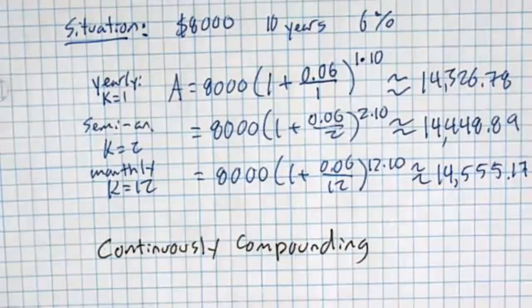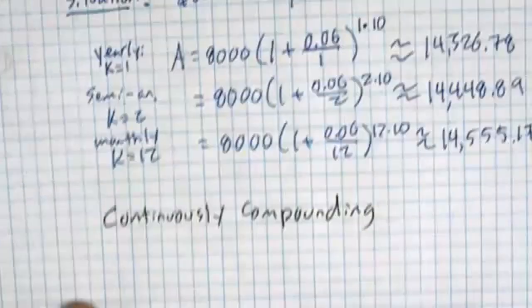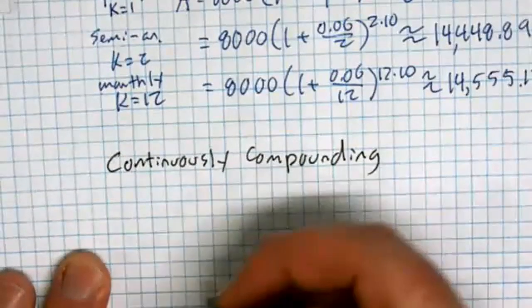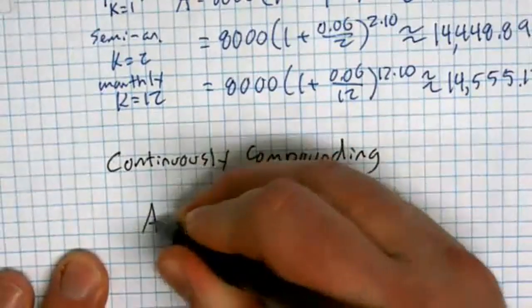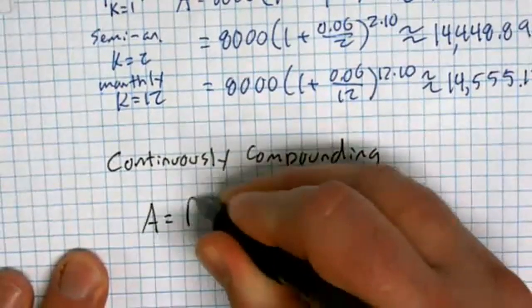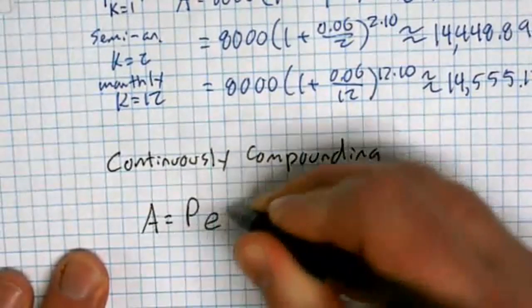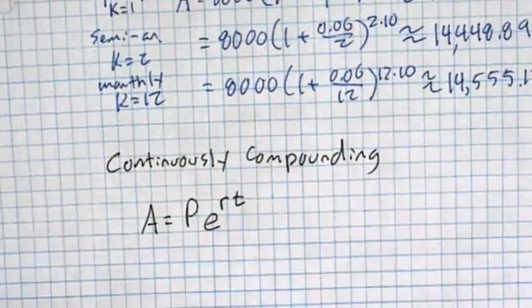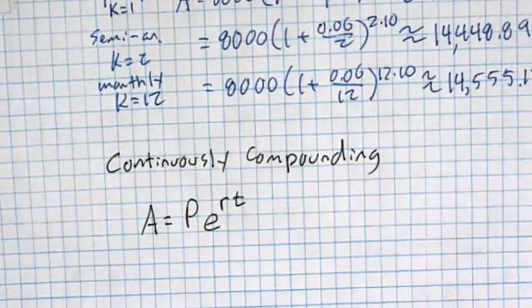Even more frequently than a million times a second. And this is actually where the definition of e came from. In this case, it's A equals P times e to the rT. The PERT formula.